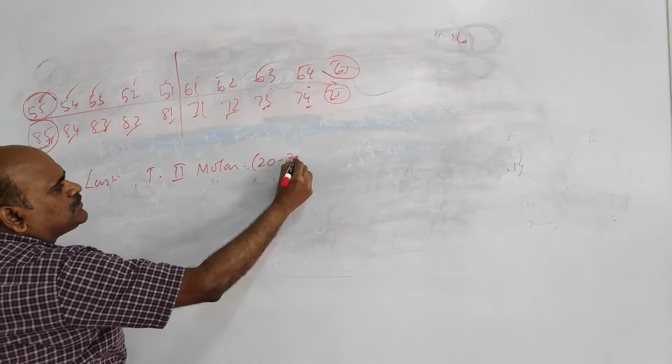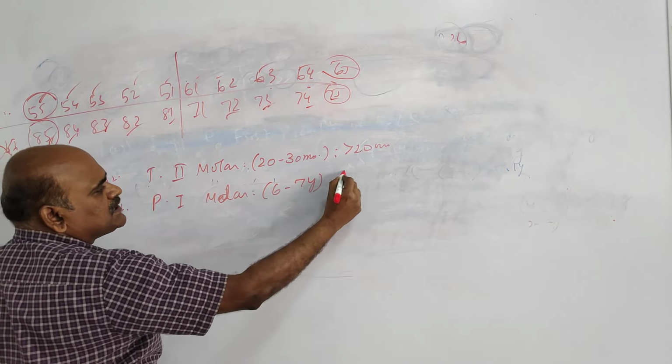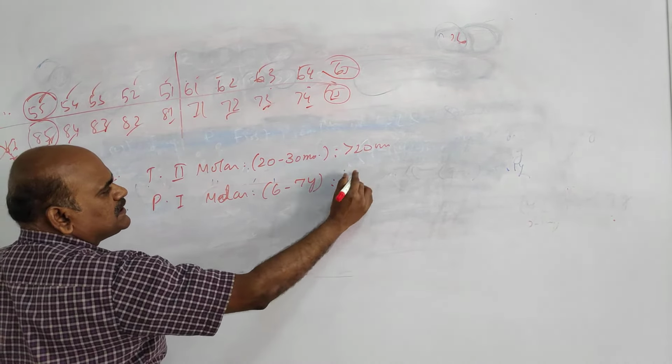So the next event yet to occur is the eruption of the permanent first molar, which occurs between 6 to 7 years. So age should be less than 7 years. As it has not erupted, that is the upper limit, less than 7 years. So what is the age? More than 20 months, less than 7 years. Sometimes the charts of pure temporary teeth, all temporary teeth, are given.